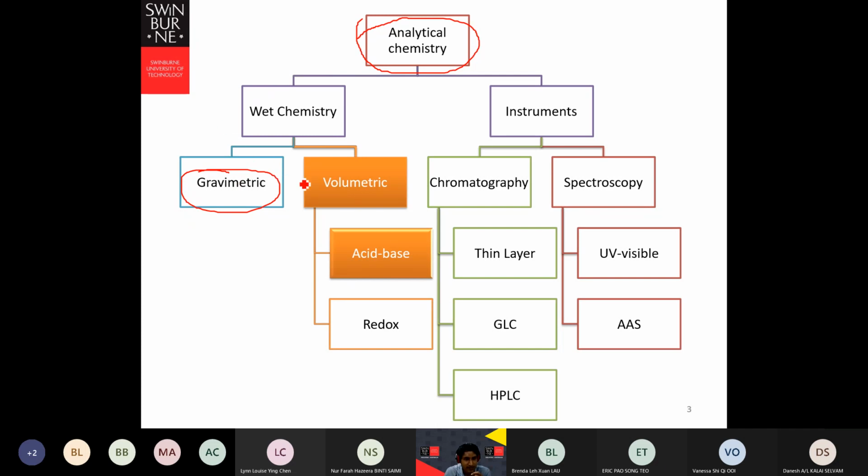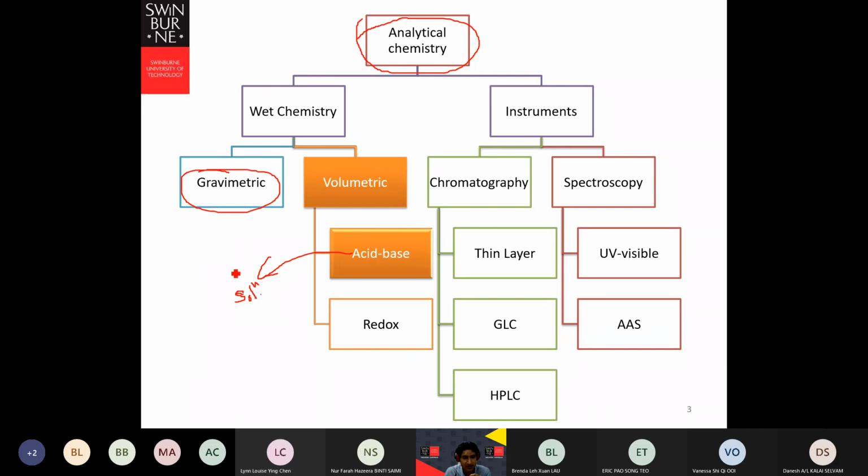Then volumetric is the acid-base reaction. When it is an acid-base reaction, it will occur in a solution, right? Solution, SOLN in short form.